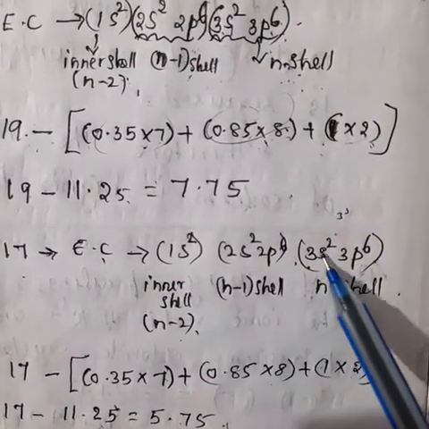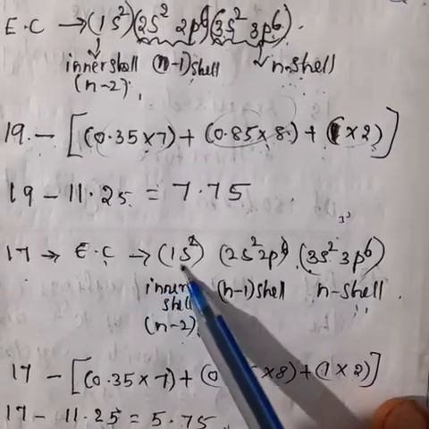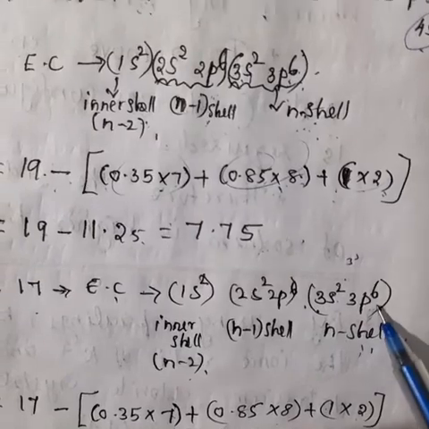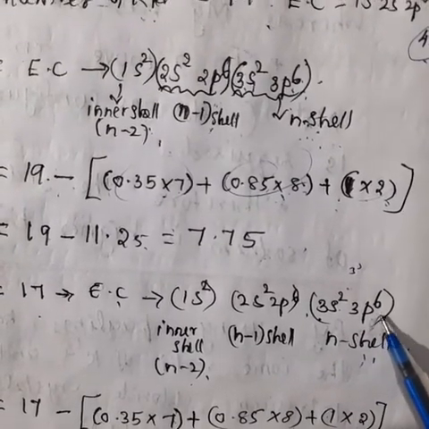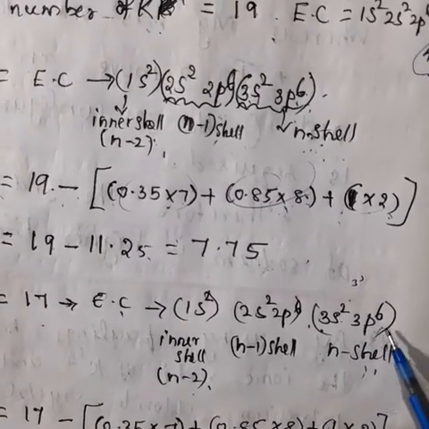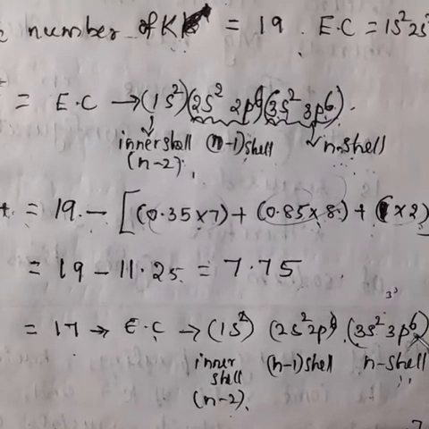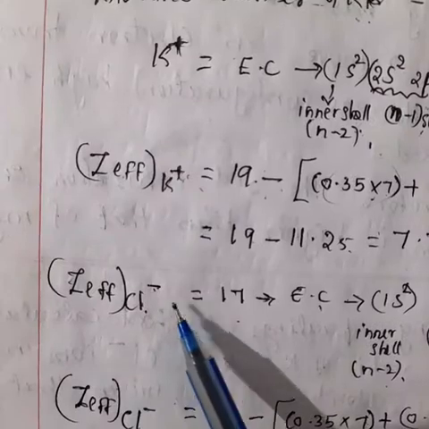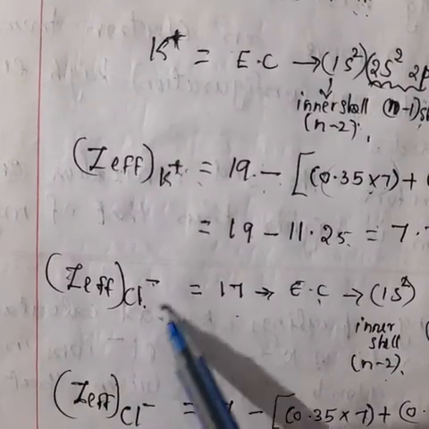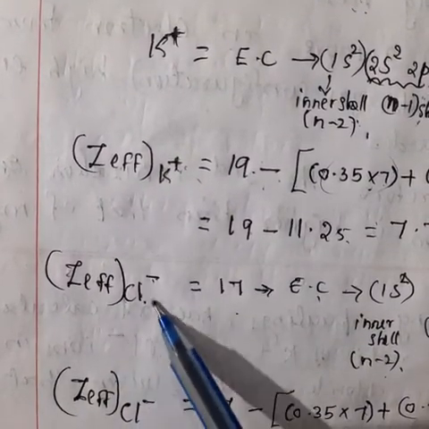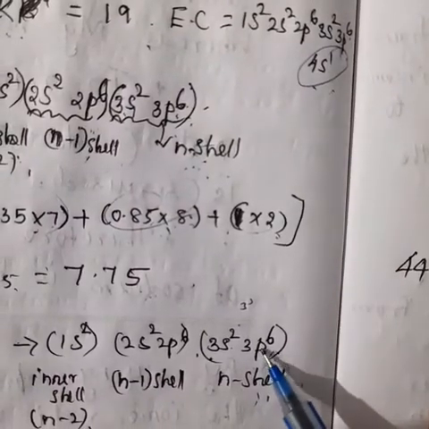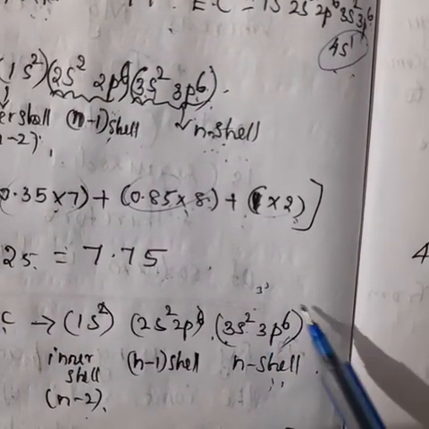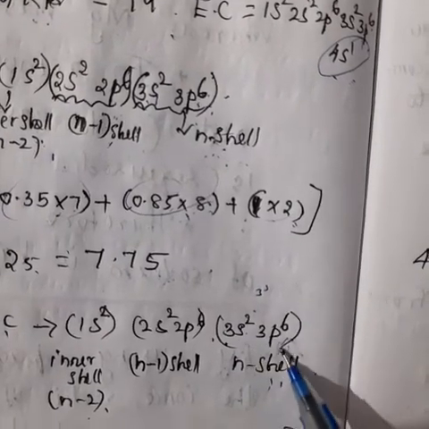So 17 means the electronic configuration 1s2 2s2 2p6 3s2 3p5 for chlorine. But here we are taking Cl minus. Cl minus means 1 extra electron. So what is the valence outermost configuration? 3s2 3p6.